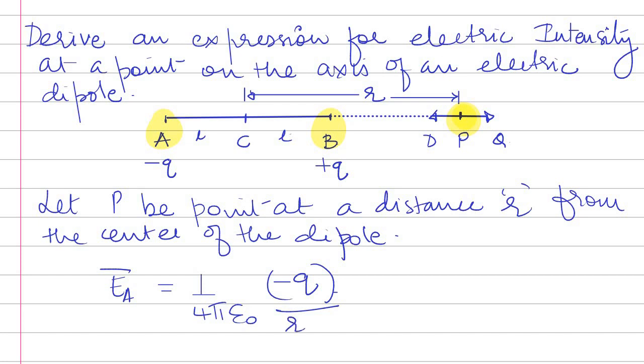Please note this. Into the unit vector in the direction PD, because the electric field is going to pull it back negatively.